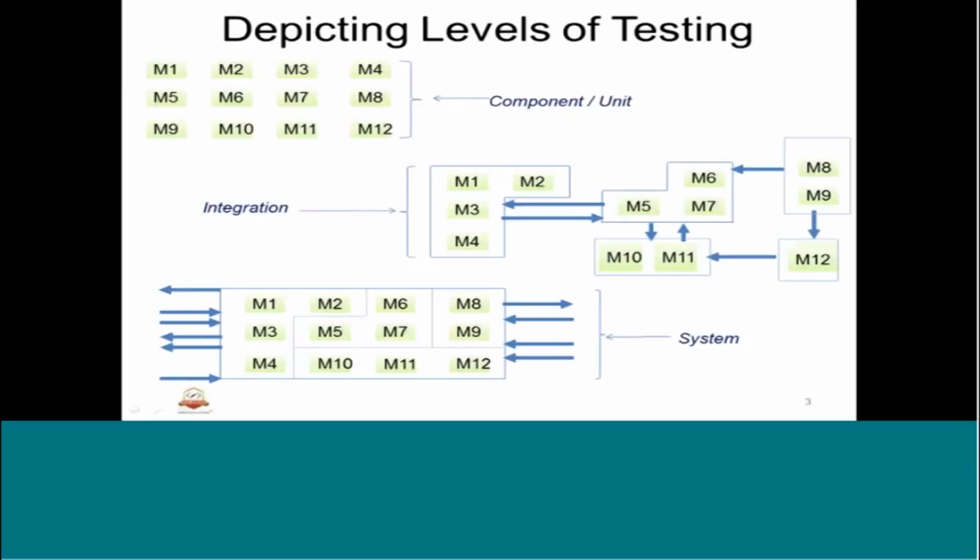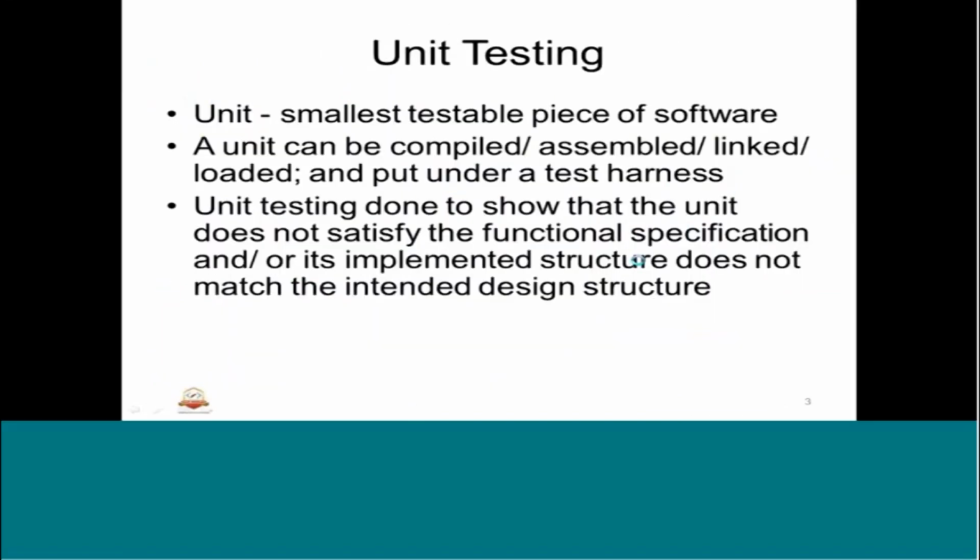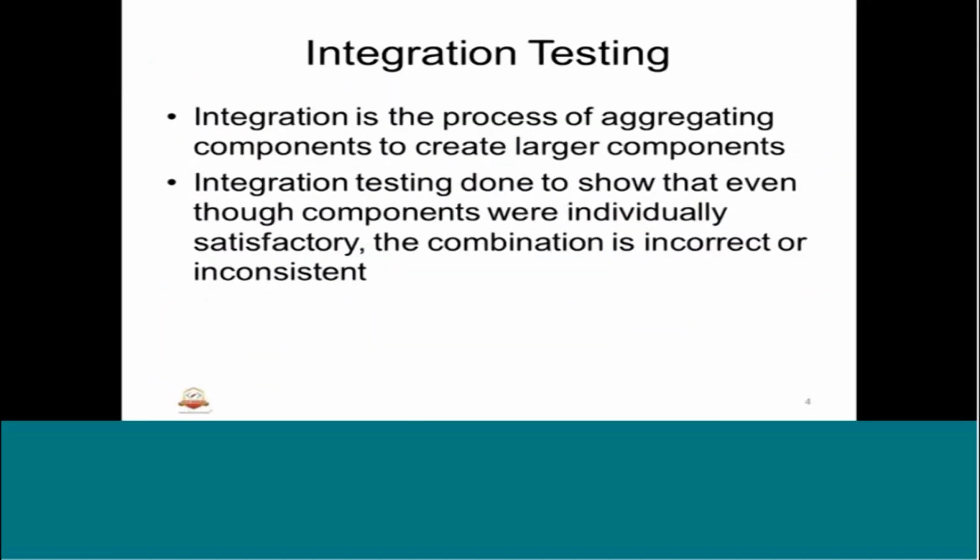As I said, smaller components are put together as blocks of 1, 2, 3, 4, whatever it is, M1, M2, M3, M4. These blocks are combined together, and we test their interactions between the modules M1, M2, M3, M4 first. Then as a group or as a block, we test how it is interacting with other blocks like M5, M6, M7, or any other blocks of components. So that is the intention.